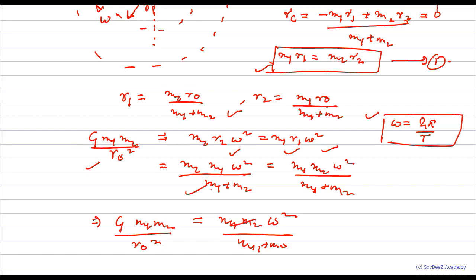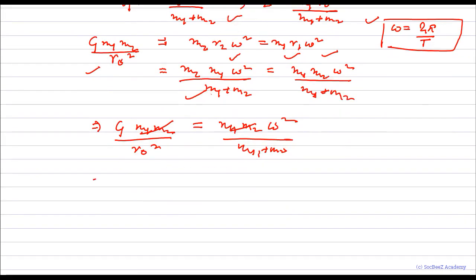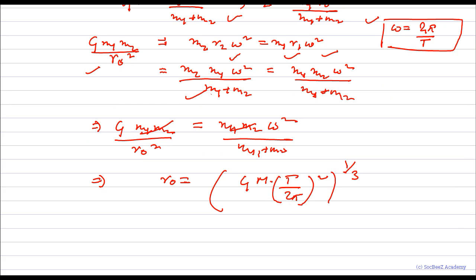I get m1 into m2 cancelled on both the sides. And if I put in the value of omega as 2 pi by t, I'll get my expression of r0 as G M into t by 2 pi square to the power 1 by 3. Sorry, there must be r0 actually.